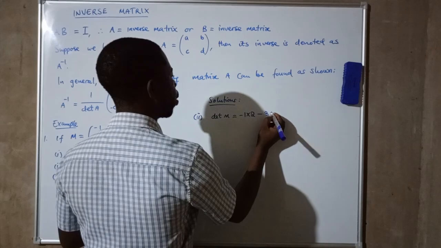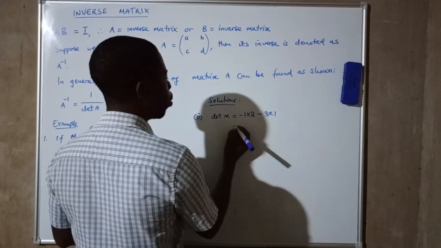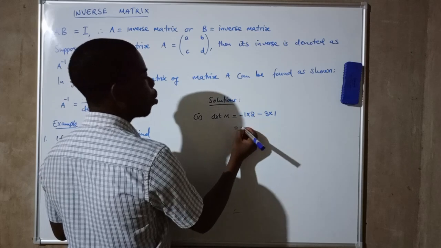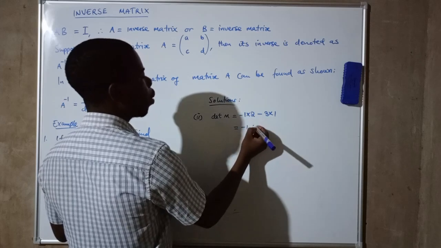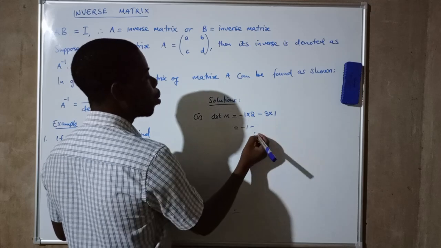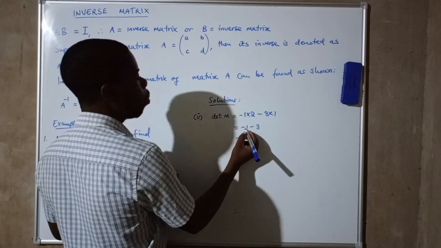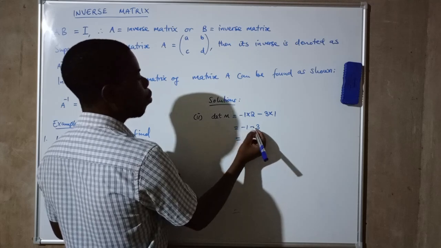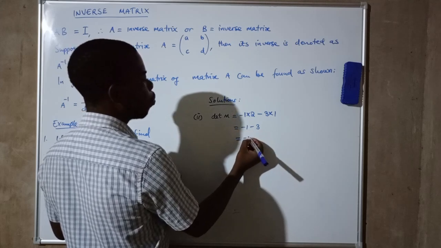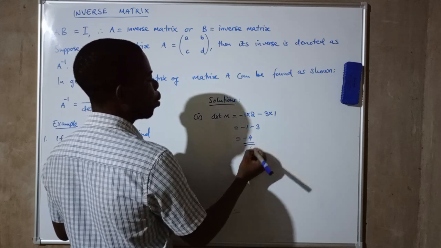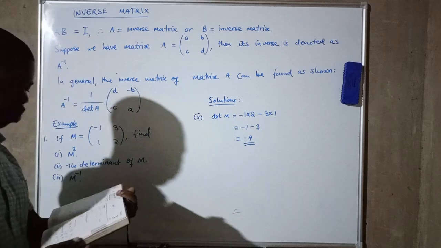So it equals negative 1 times 2, which is negative 2, then minus 3 times 1, which is 3. So negative 2 minus 3 will be negative 5 as the determinant. Okay?